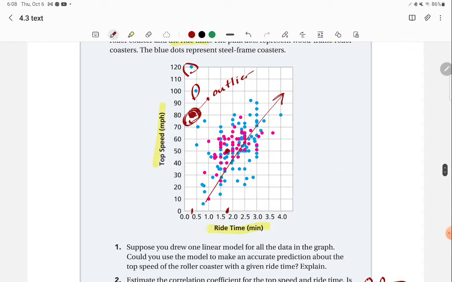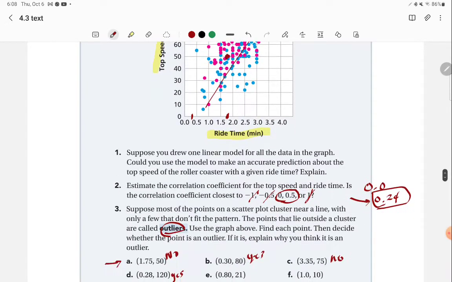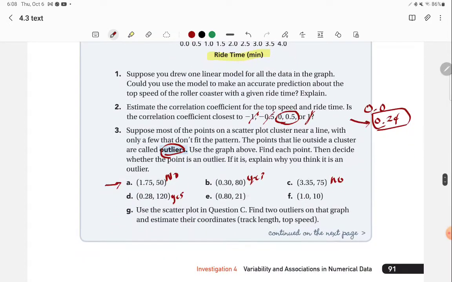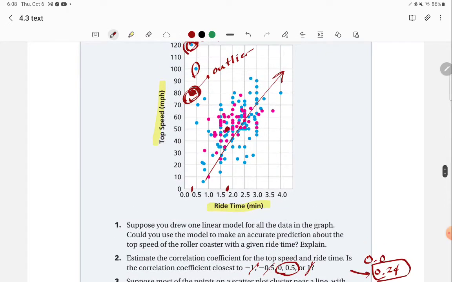So that's this one all the way up here. That also is an outlier. E and F are not outliers. Because if we look at F, 110 right here, that's that point right there. That's pretty close to the line. That's actually on the line that I had originally drawn.